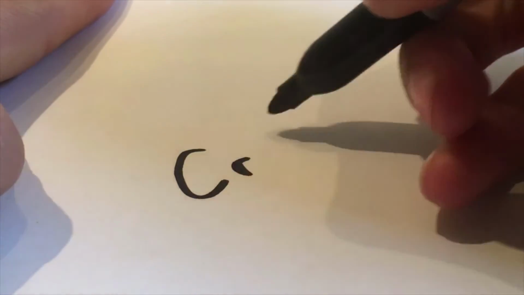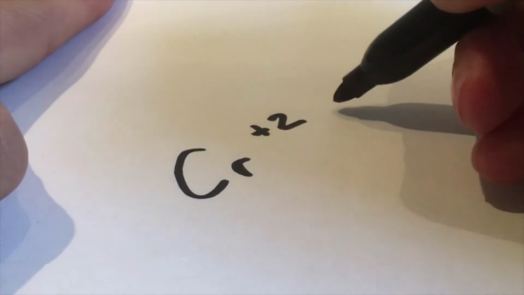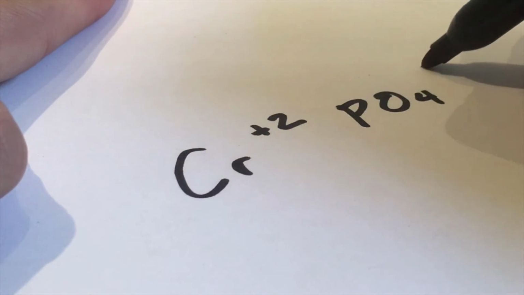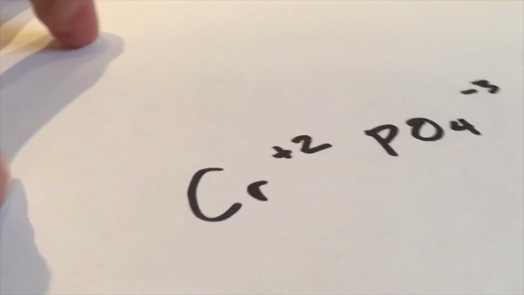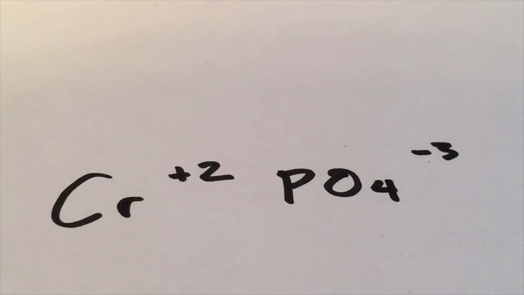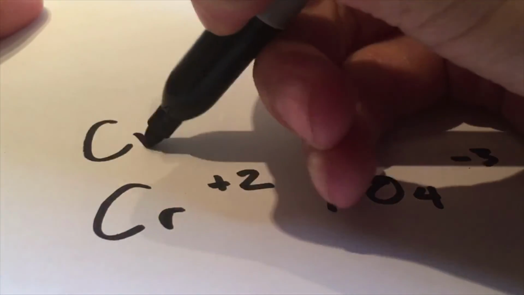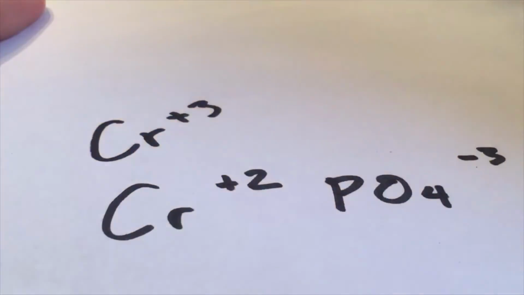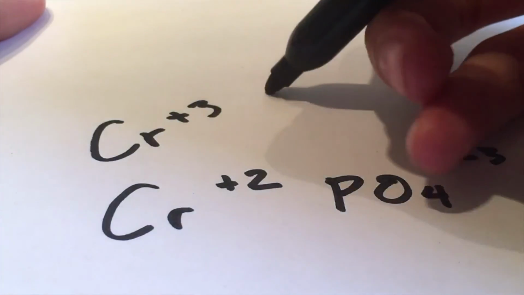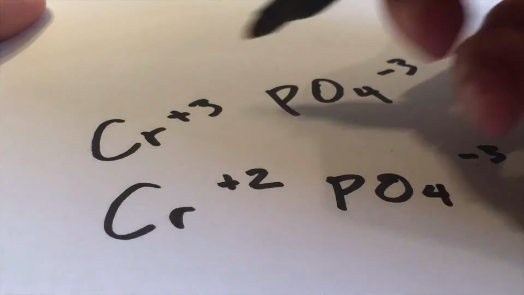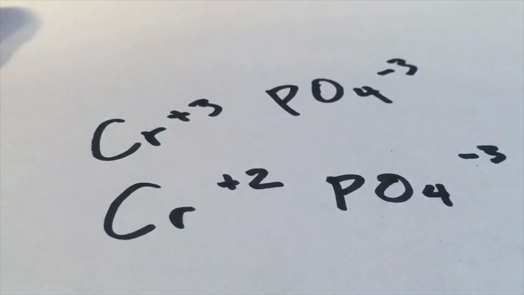If we have chromium 2 and phosphate, which has a charge of -3, they don't balance out and can't make a compound together. On the other hand, if we have chromium 3, then we can link it with phosphate, which has a charge of -3 and balances out to 0.